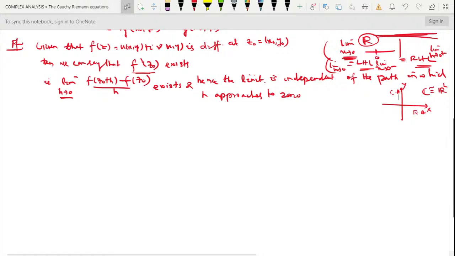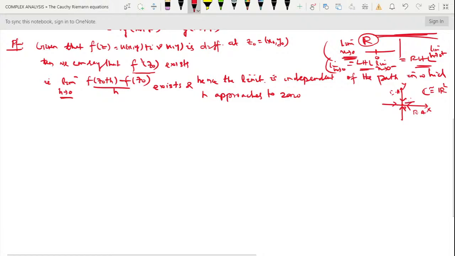So if I say limit h goes to 0, this is your 0, and h goes to 0 means you can approach this 0 in various ways, like from the negative real axis, or from the positive real axis, or from the positive imaginary axis, or from the negative imaginary axis.